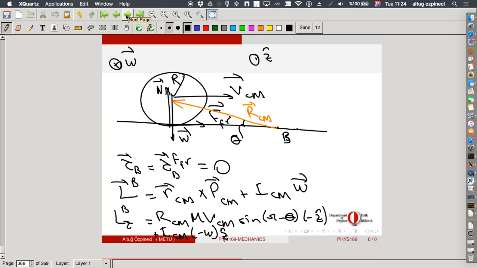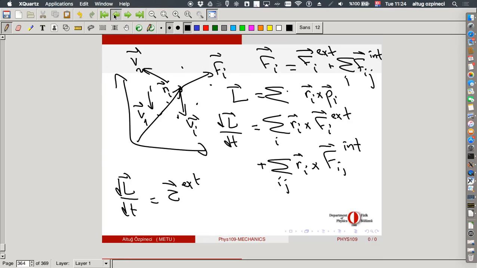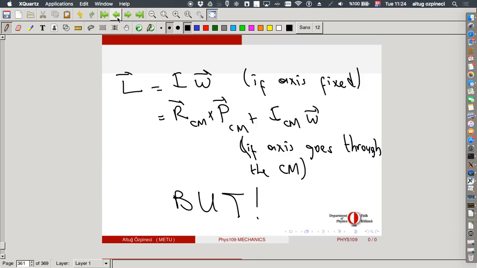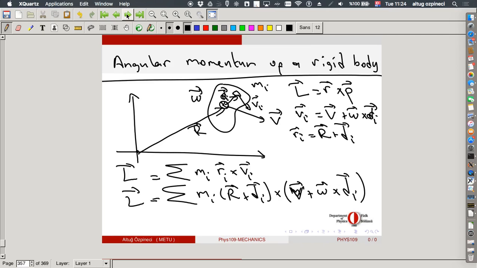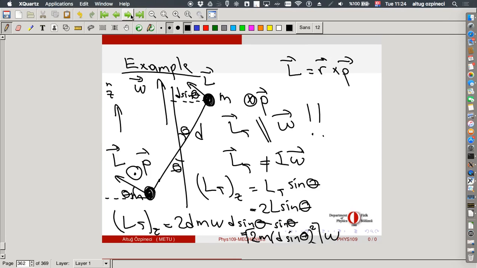Yes, now back to your question. No, I am calculating the angular momentum relative to this point.